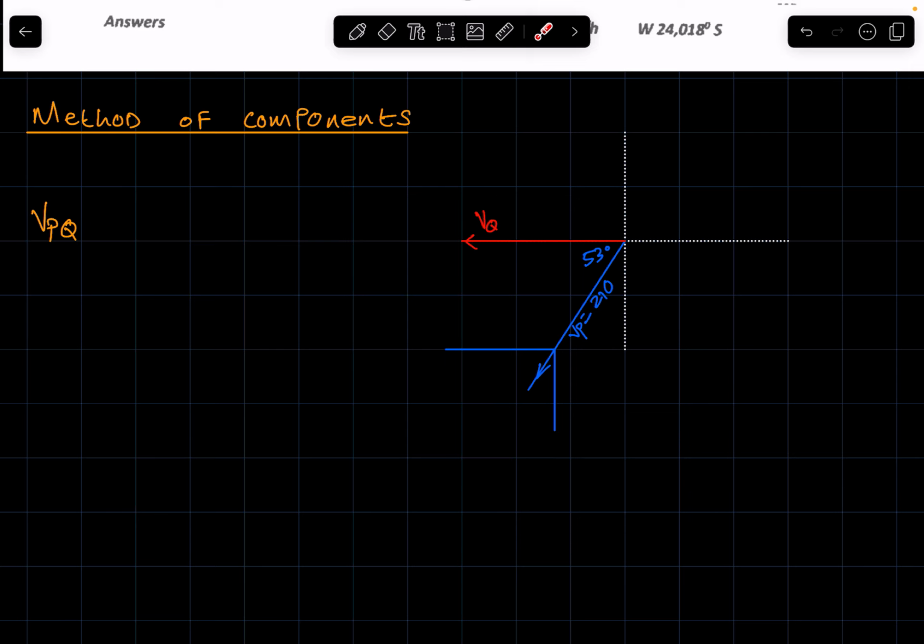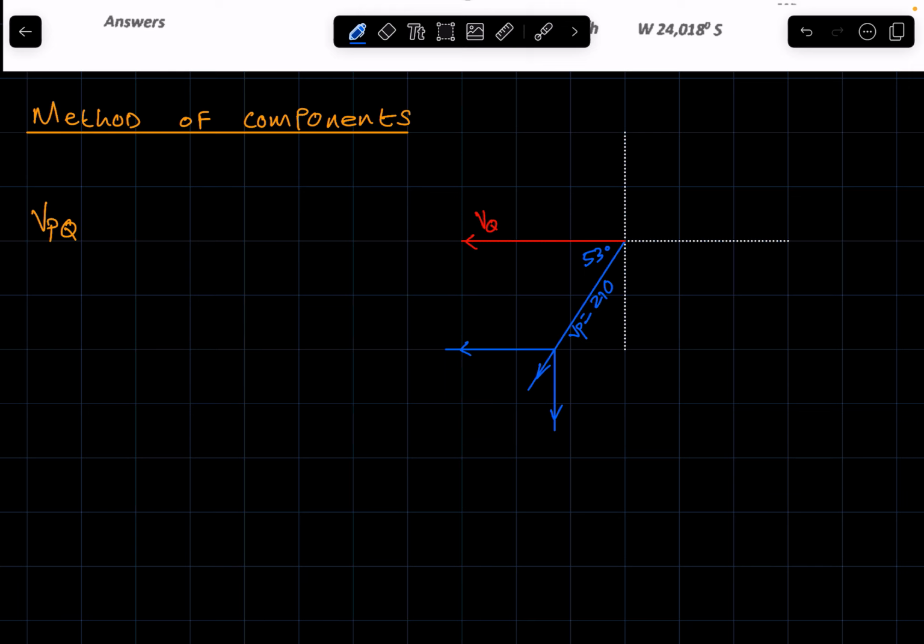So the x component must be headed towards this direction, which means it has to go in that direction. Similarly, the y component must also be headed towards this direction, hence it goes in that direction.